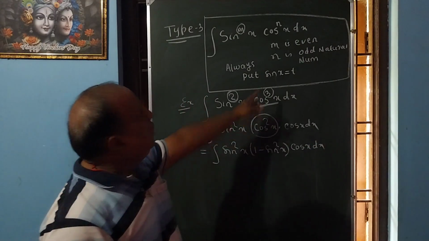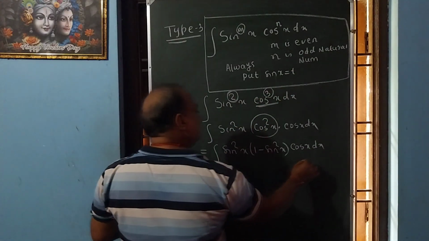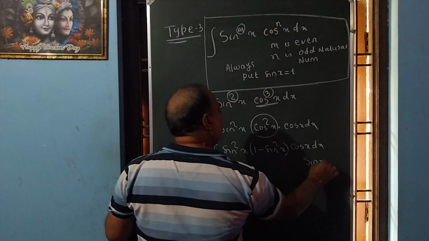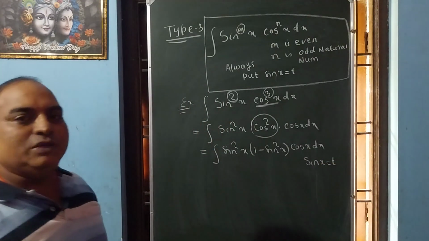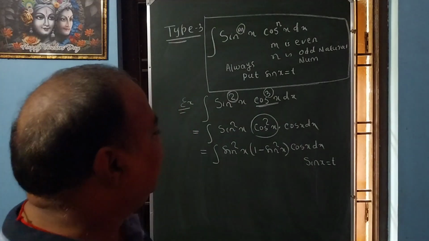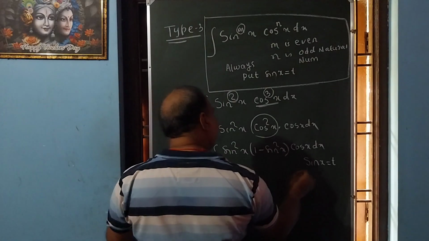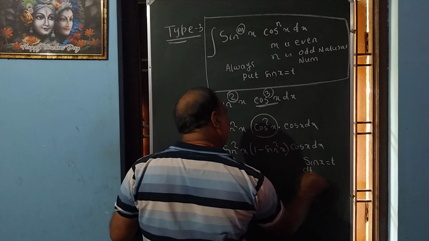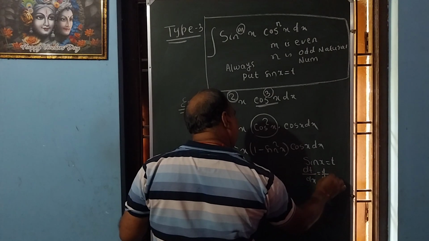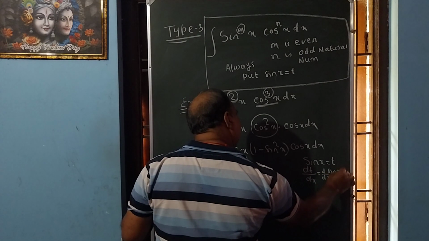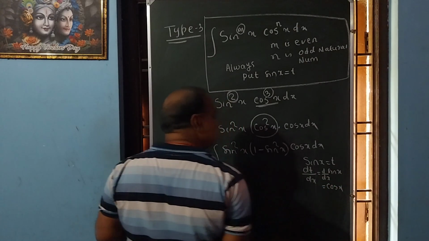In this case, always put sin x is equal to t. So let sin x is equal to t. Once you take this, you have to differentiate on both sides with respect to x. So we get dt by dx is equal to d by dx of sin x. The derivative of sin x is equal to cos x.